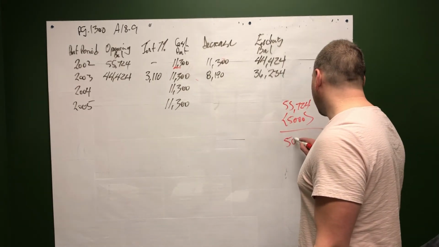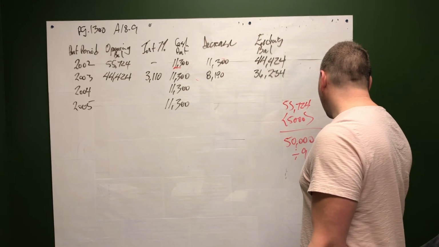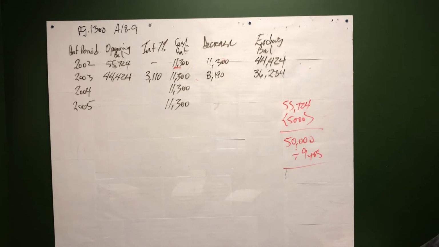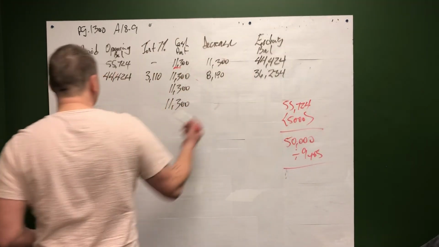So 55,000 divided by 9 years would be our amortization. And again, you just have to follow down the line, just like that example on page 1256, 1257. Again, you're just going to chip away at this ending balance.